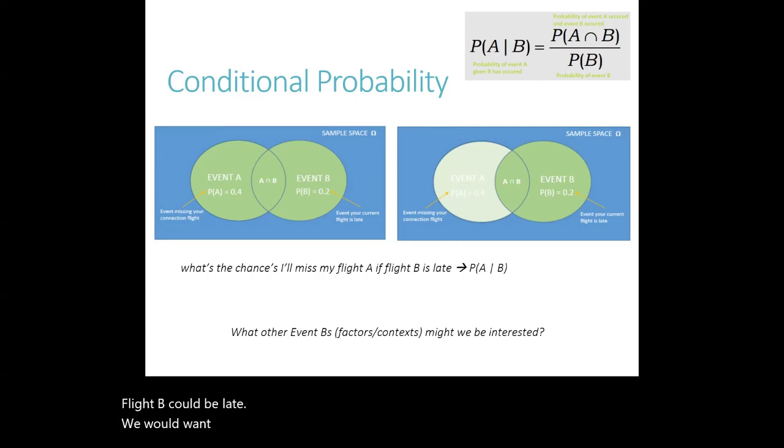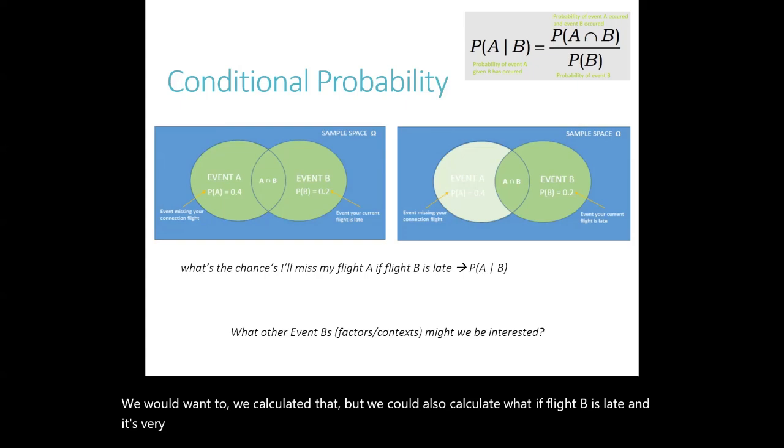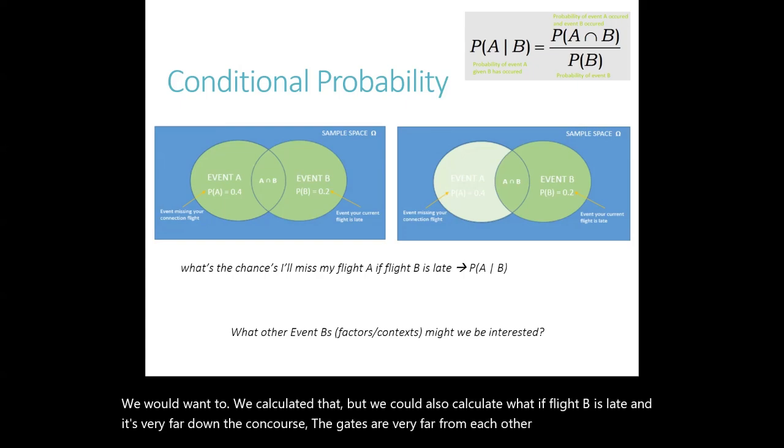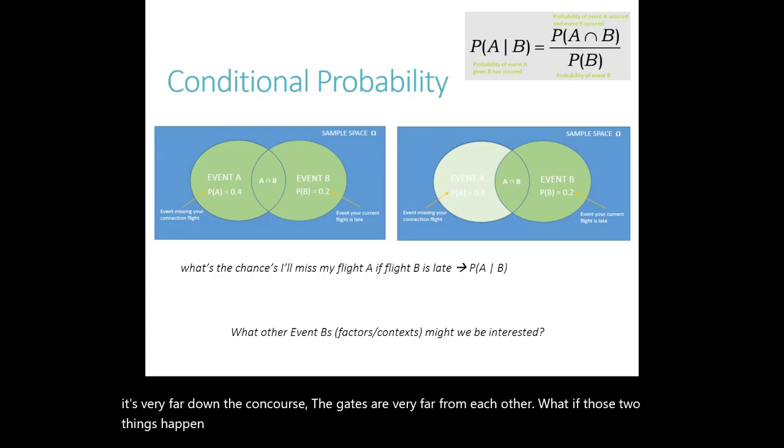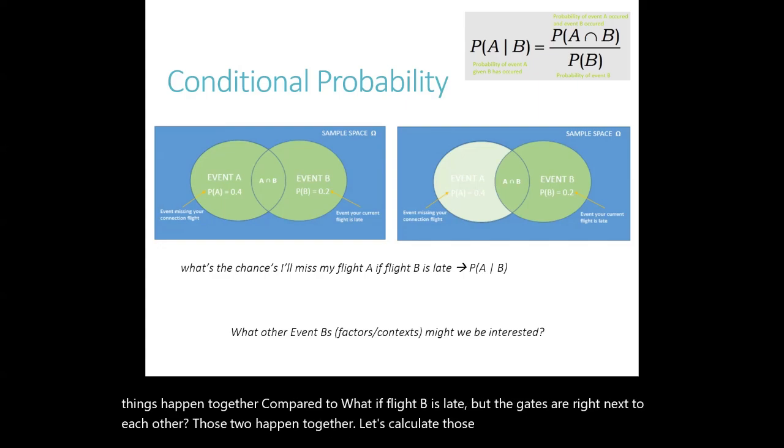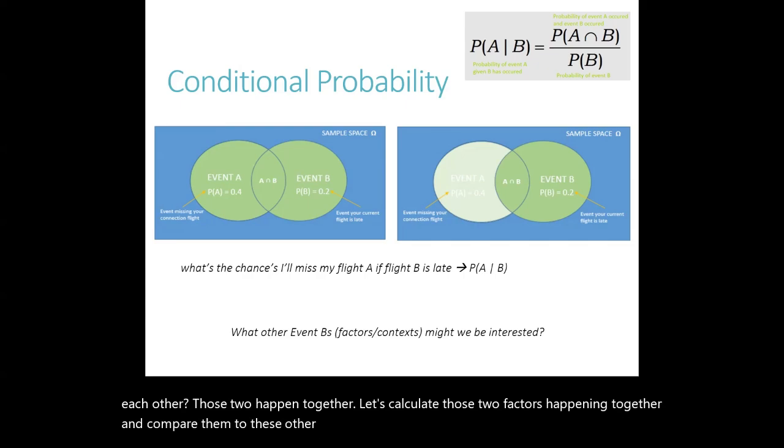We calculated that, but we could also calculate, well, what if flight B is late and it's very far down the concourse? The gates are very far from each other. What if those two things happen together? Compared to what if flight B is late, but the gates are right next to each other? Those two happen together. Let's calculate those two factors happening together and compare them to these other two factors together.